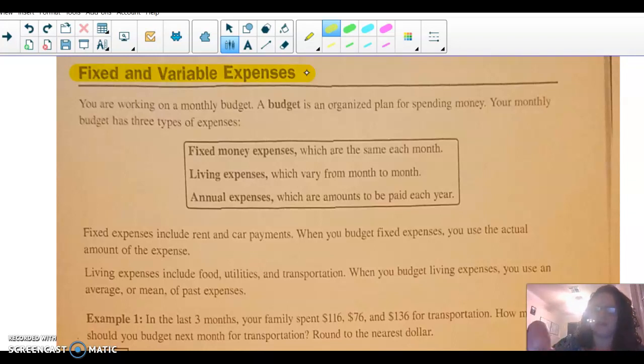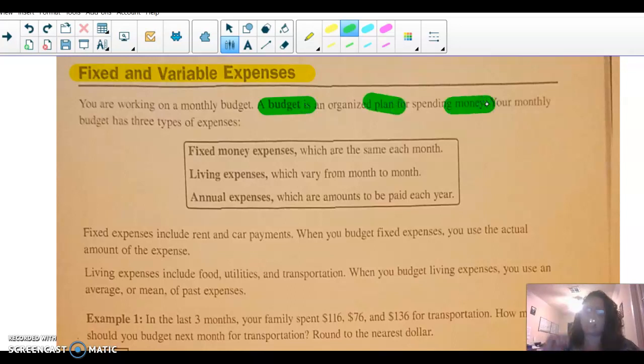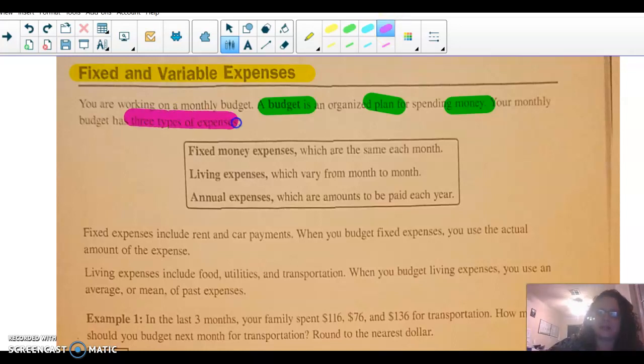A budget is just a plan for your money. When we're looking at the plan for your money, there's going to be three different types of expenses. And expenses are how we spend our money.